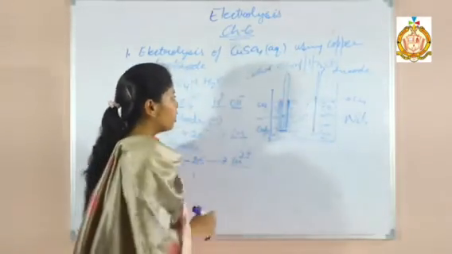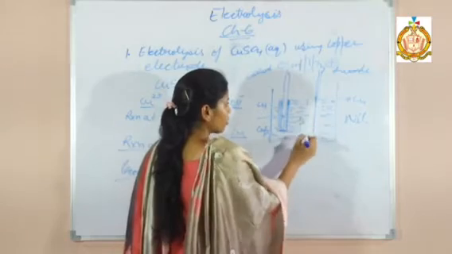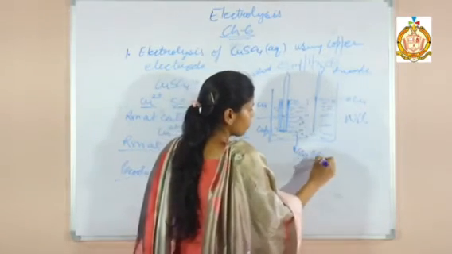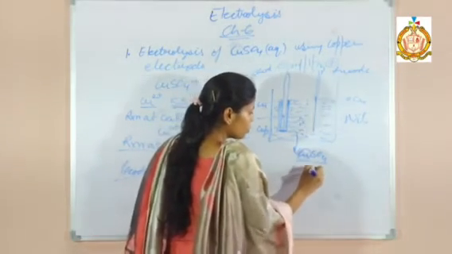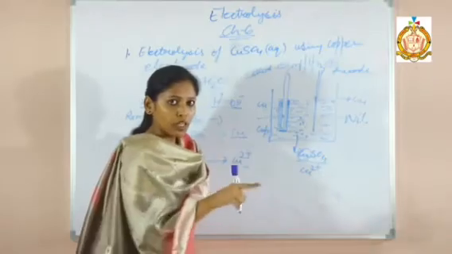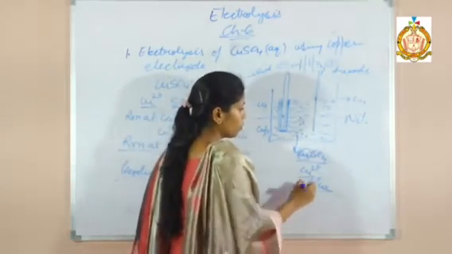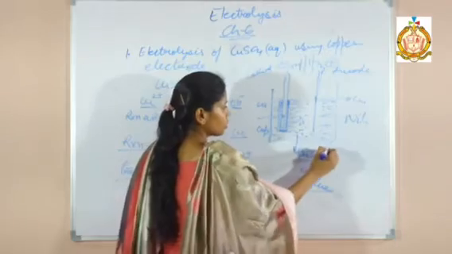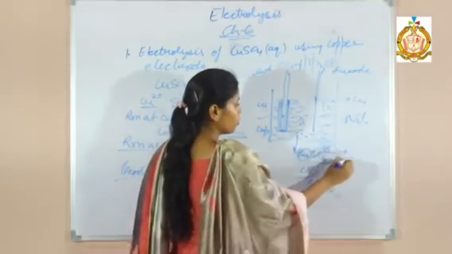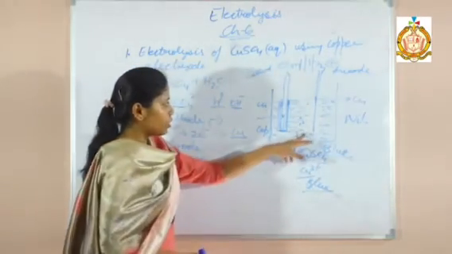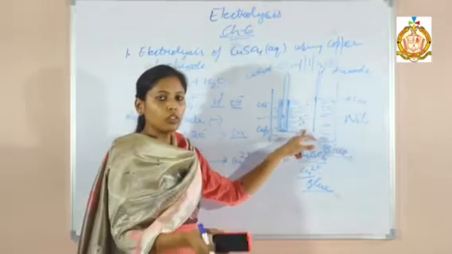And one thing more, the color of this electrolyte. As you know, it is copper sulfate. So what is the color of copper 2 positive? We have done in chapter 4, the color of copper 2 positive is blue. So what is the color of the solution? It is blue. And the color of this solution will not fade.